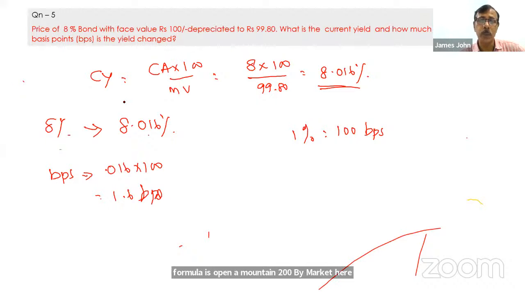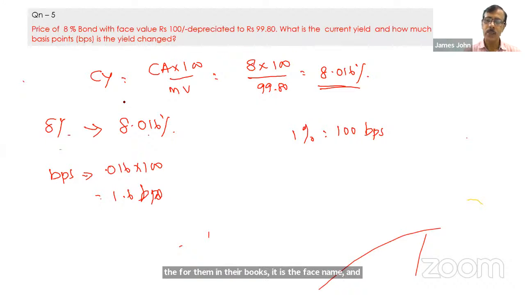One important point to remember is that coupon is payable on the face value, not on the market value. Who is paying the coupon amount? The company which had issued the bond is paying the coupon amount, and for them, in their books, it is the face value.